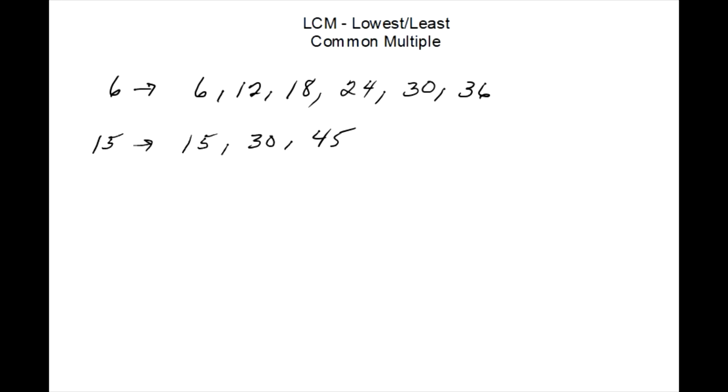Oh, but look, 30 is here and 30 is here. So I could keep going on and on and on, and I'm going to find more numbers that they have in common, but I'm looking for the lowest or the least. I've already found that. That's 30. So the LCM of 6 and 15 is equal to 30.